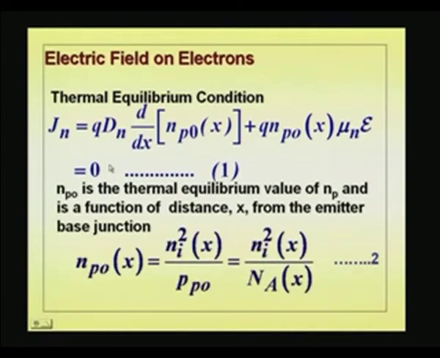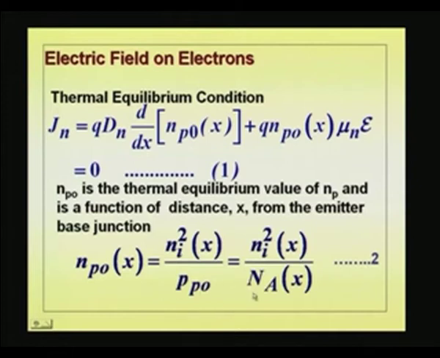Np0 is actually the thermal equilibrium value of Np, the electron concentration in the p region. If I remove the 0, it will actually be the injected carrier concentration, and it is a function of distance x from the emitter-base junction. Why? Because Np0 is Ni squared by Pp, and Pp is the doping.